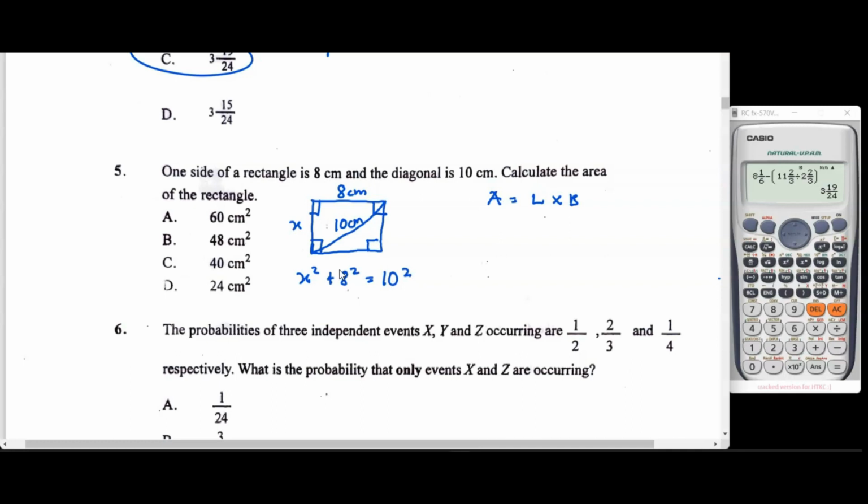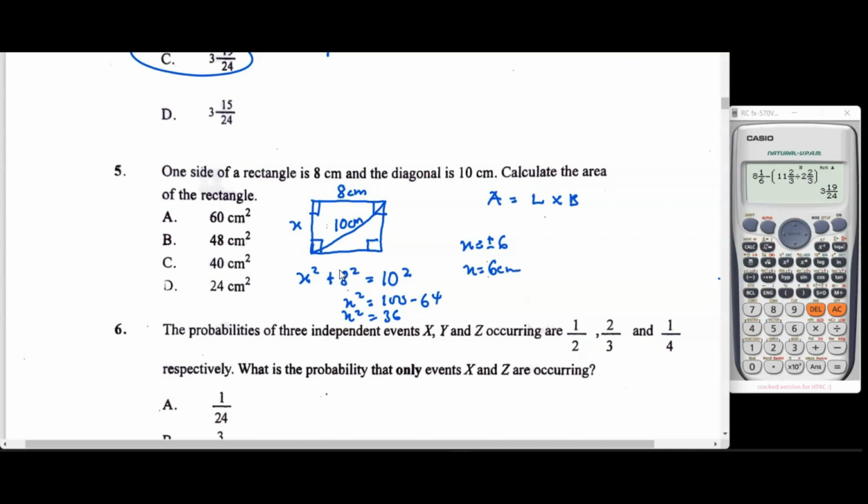Hence, working it out, x squared will be equal to 100 minus 64, and that is x squared is equal to 36. Therefore, x is plus or minus 6. But you know that is distance, so x is actually 6 centimeters.